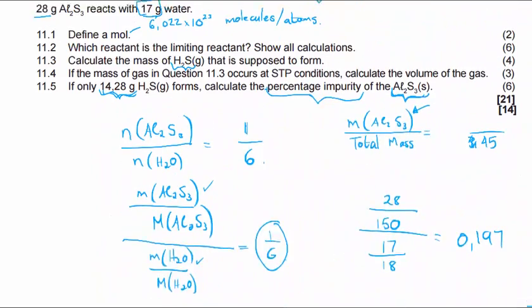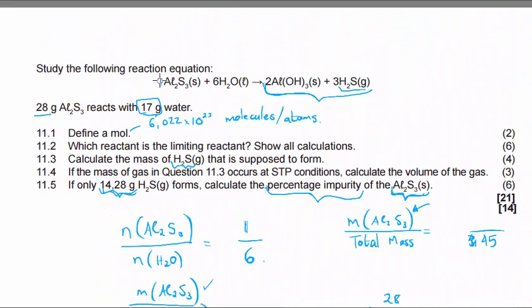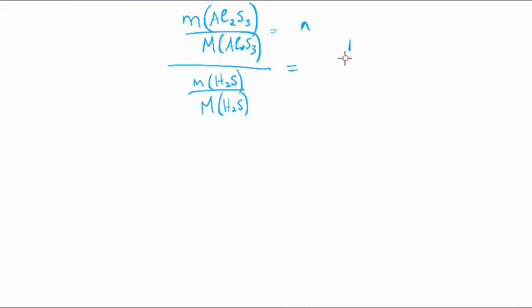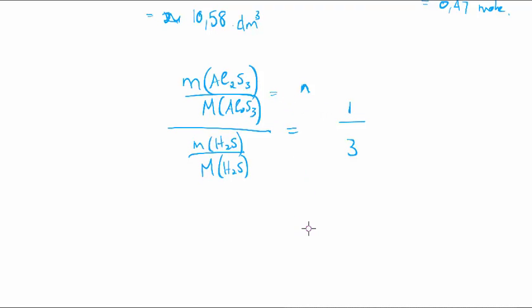The ratio in the equation was that every one of these produces 3 of these. So every one of this produces 3 of that. You with me? And now we're just going to work out the unknown that's being used.